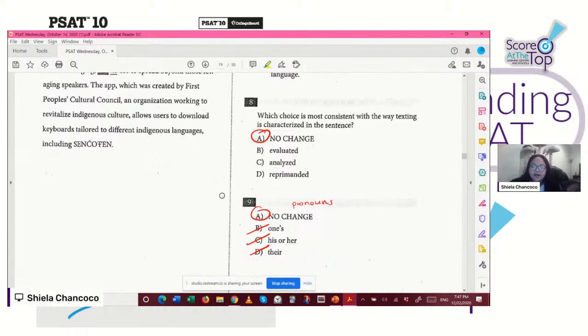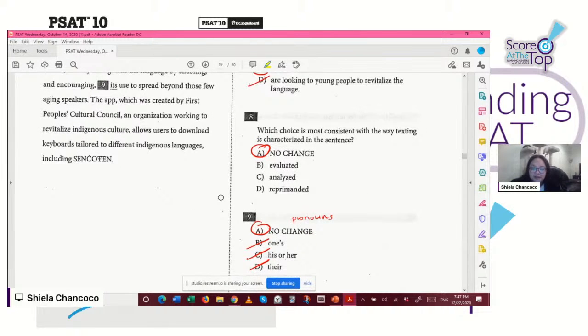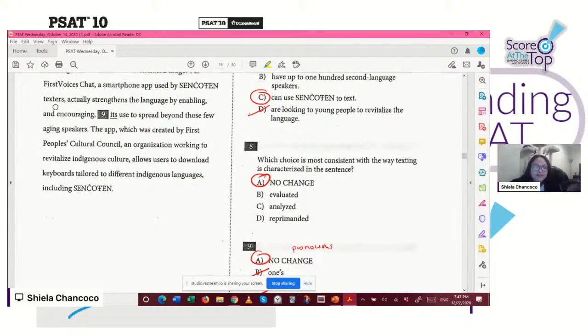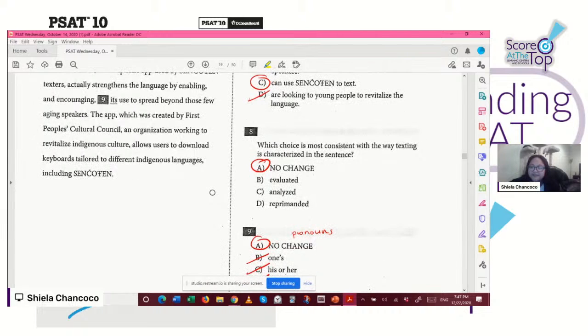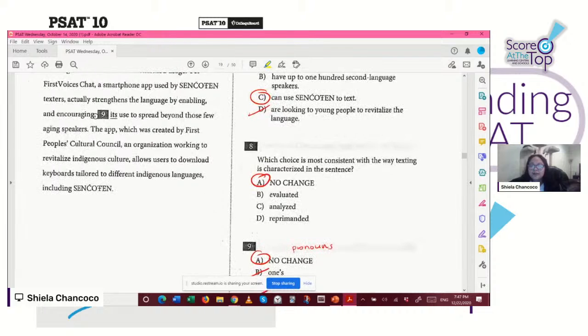All right. Number 9. Okay, this one's pronouns. So let's look at pronouns. First Voice Chat, a smartphone app used by the texters, actually strengthens the language by enabling and encouraging blank use to spread beyond the few aging speakers. Okay. Who are they talking about here?